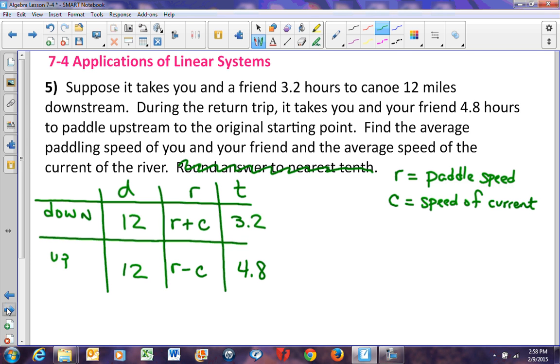So we have two equations again, distance equals rate times time. So 12 is going to equal 3.2 times R plus C. And here, 12 is going to equal 4.8 times R minus C. Again, I'm going to see if I can divide everything by 3.2 and 4.8, because that might be much more helpful.